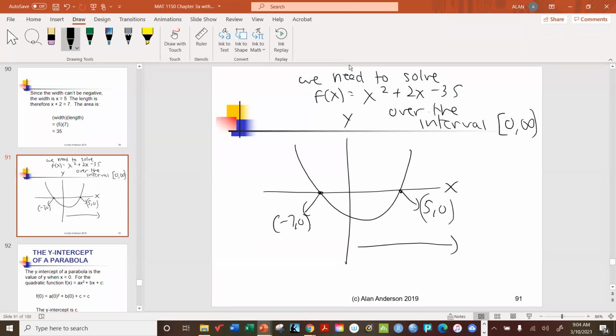And also, of course, we only want positive y's. So this is the range of possibilities. So we must pick this as our solution. So the solution is that x equals 5.